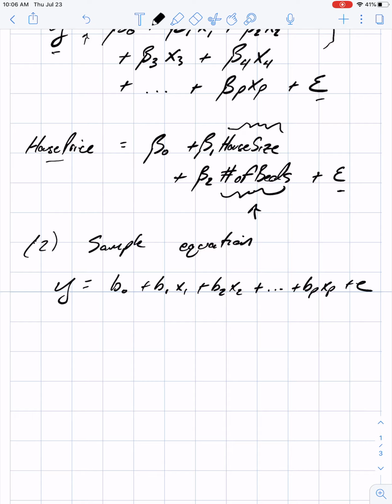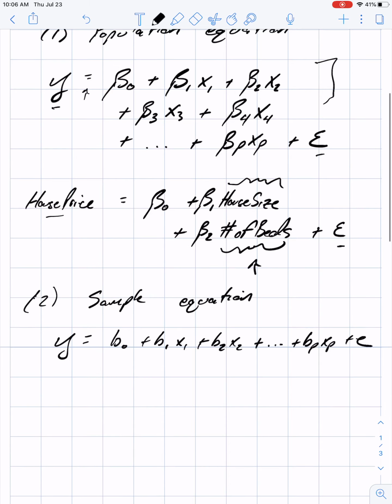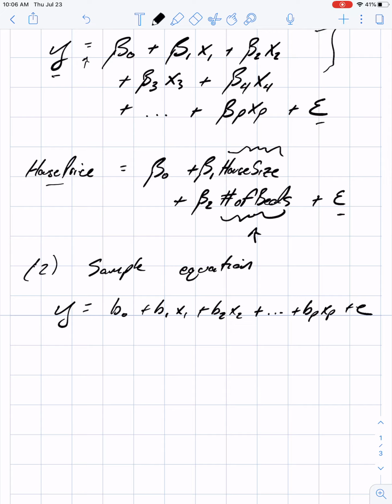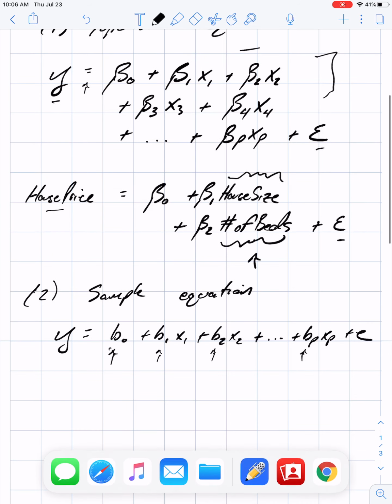So that's just like simple linear regression, except now we have more than one independent variable. All I did was change these betas up here, population intercept and slopes, to b's, sample intercept and sample slopes. I can get my hands on these if I can get my hands on data, right? I can't get my hands on these because I can't get the population data, is what we usually assume.